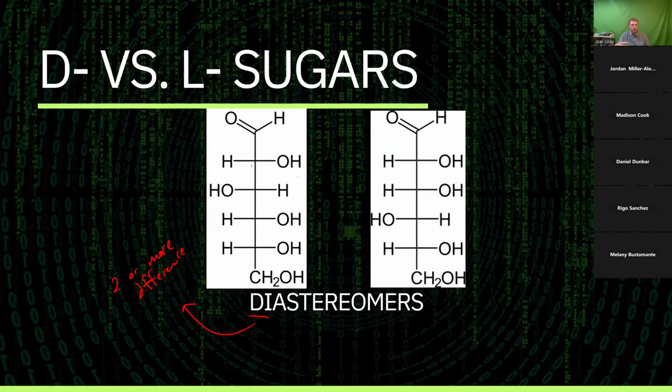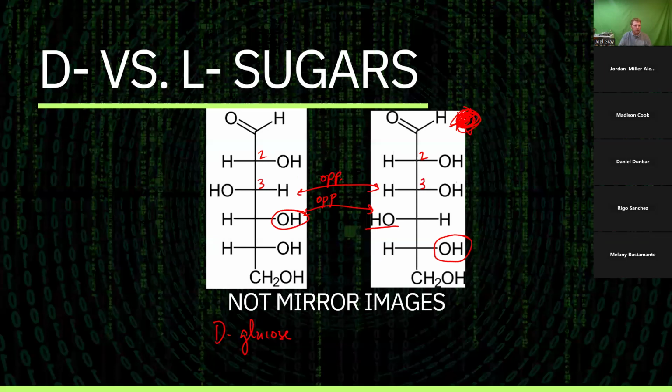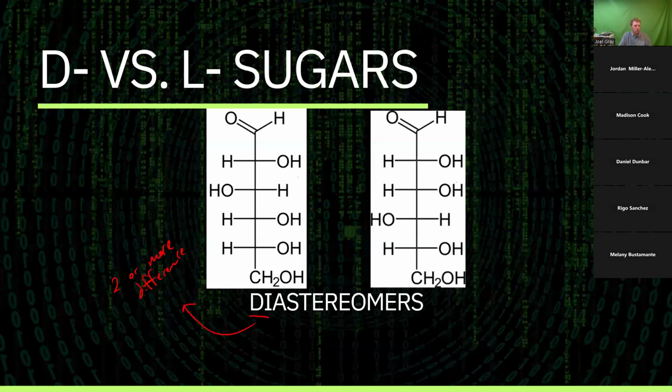If we look back right here, I'm going to end the poll question. What we want to do when we look at sugars is find out where the hydroxide groups are. Could everyone give me a 7 in the chat if they follow that this is what I'm referring to as the left-hand side and this is the right-hand side?